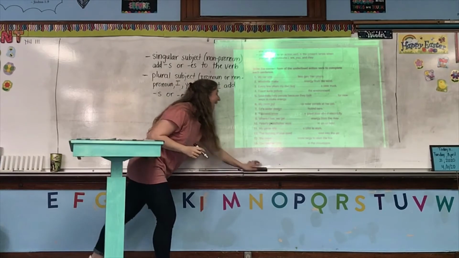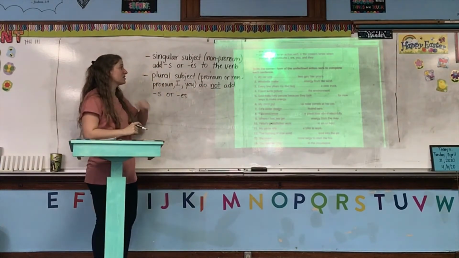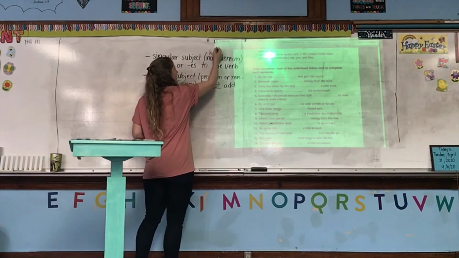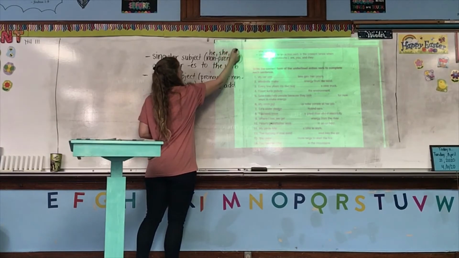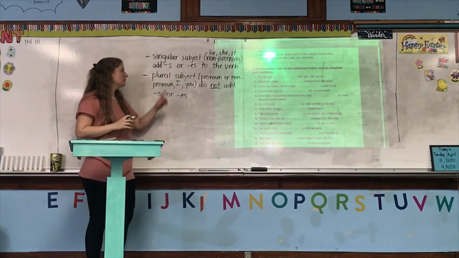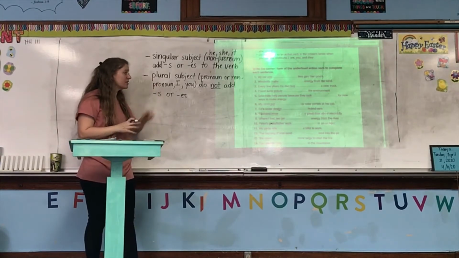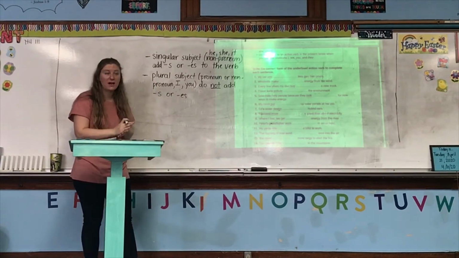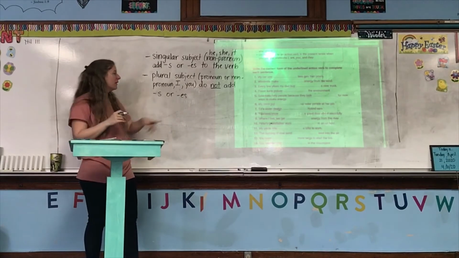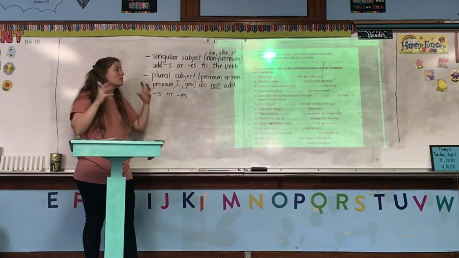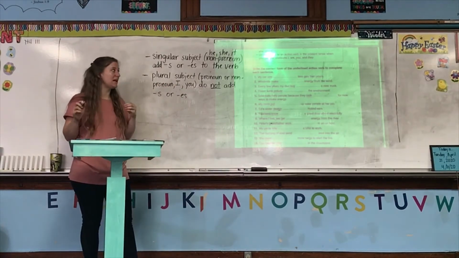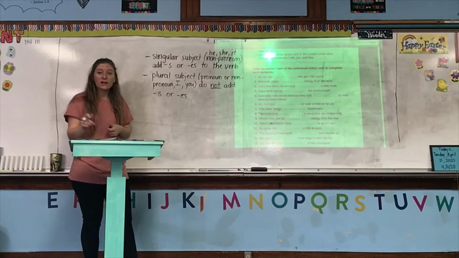So remember, any non-pronoun singular subject or he, she, or it, you add an S or an ES to the verb. Any plural subject, whether it's a plural pronoun or a plural non-pronoun, a noun, or I or you, do not add S or ES. So really quick, let's read the bullet points at the top of this page together.